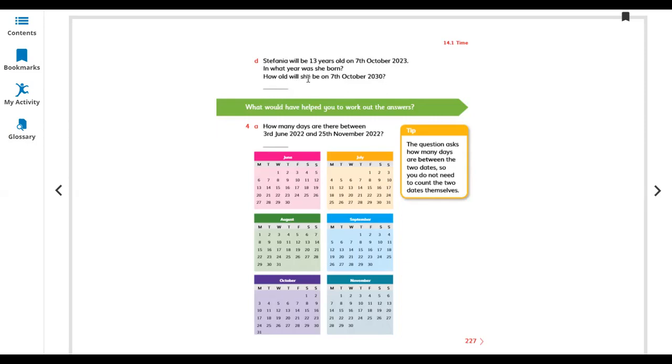She was born, we can write it. This 2023, go back 13 years. So the day is the same. So we can write here she was born in 2010. If we minus 13 from 2023, it's 2010. So she was born in 2010.